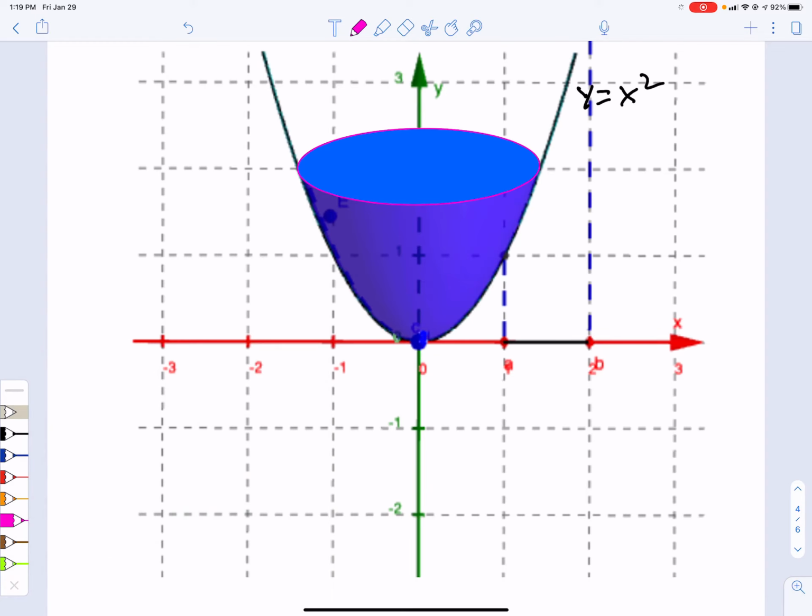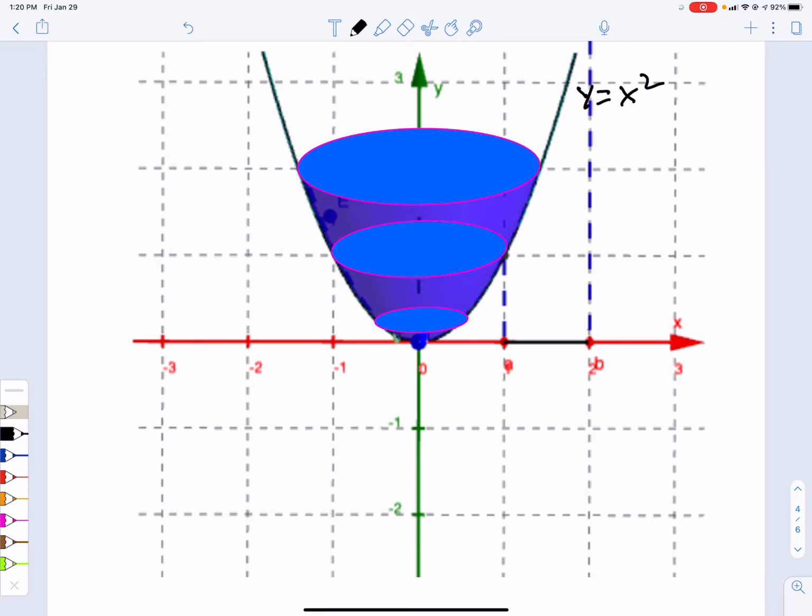You're going to have a small one down here, a small one there, another one here. Try it again. Third time's the charm. And so all the way up and down, you're going to have a bunch of disks, and we have to add them up. Okay? So what's the radius?